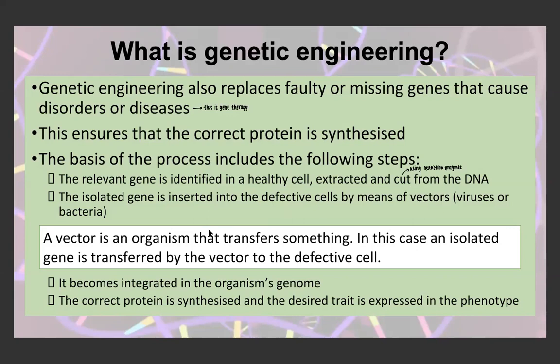And a vector is simply an organism that transfers something. In this case, an isolated gene is transferred by a vector to the defective cell. This isolated gene then becomes integrated in the organism's genome, and because of this, the correct protein is synthesized and the desired trait is expressed in the phenotype.